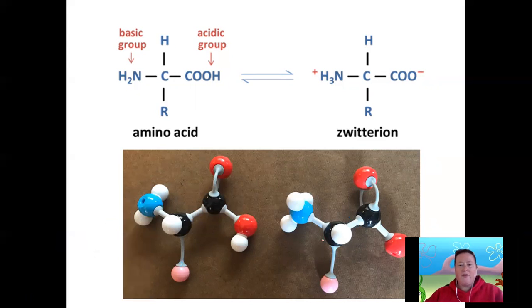This one has lost its hydrogen, so this region of the molecule is going to have a slight negative charge, and that hydrogen came over here. So this is protonated now, and this takes on a plus charge. But the thing still overall has as many negatives as there are positives, so it is overall neutral.